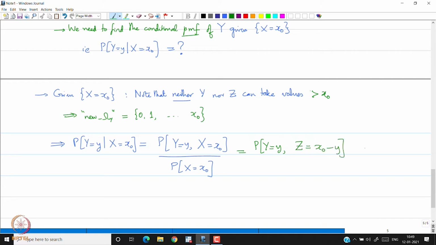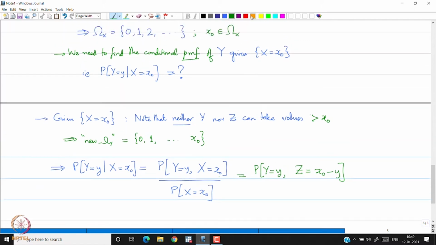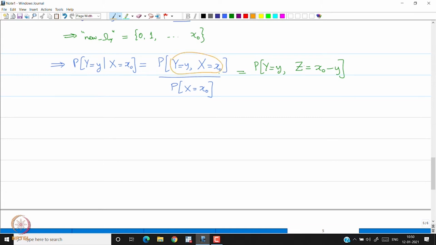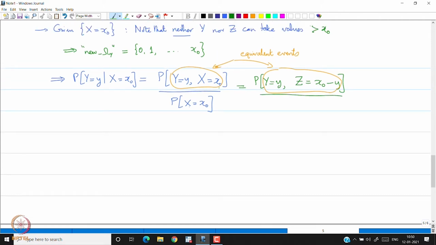This is the only way in which both the event that Y equals small y and capital X equals x naught can happen. So these two are equivalent events. And of course you have the denominator, which is exactly from here.